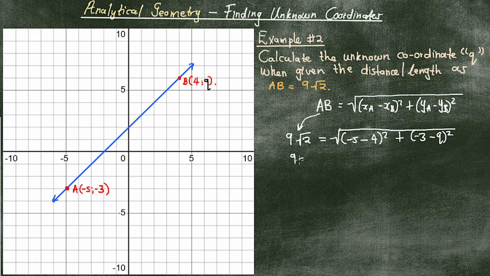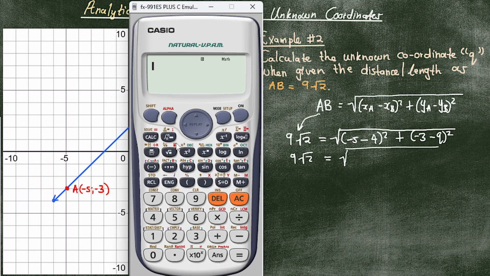So 9 square root 2 equals minus 4 minus 5, that's 9. What's 9 squared? Is it 81? Let me check. Yes, 9 squared is 81.